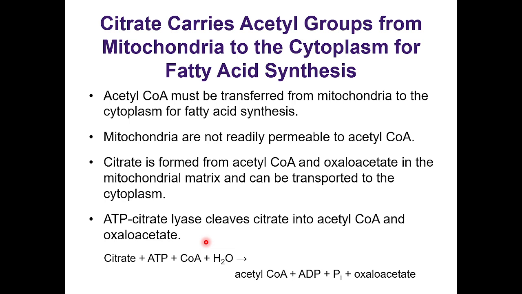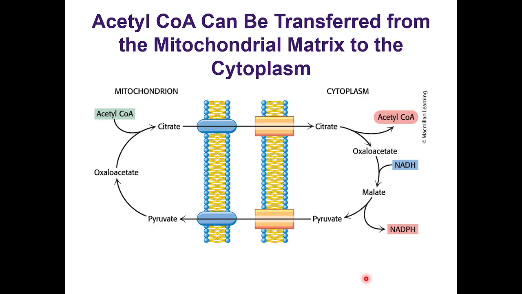The citrate is formed from the acetyl-CoA and oxaloacetate in the mitochondrial matrix and can be transported to the cytoplasm. The ATP citrate lyase cleaves citrate into acetyl-CoA and oxaloacetate. And this is this reaction: citrate plus ATP plus CoA plus water gives acetyl-CoA, ADP, orthophosphate, and oxaloacetate.